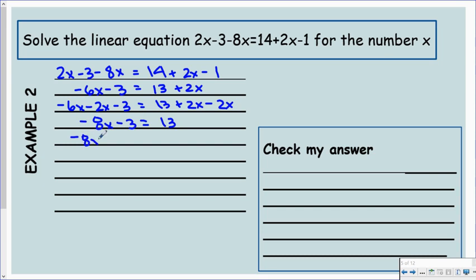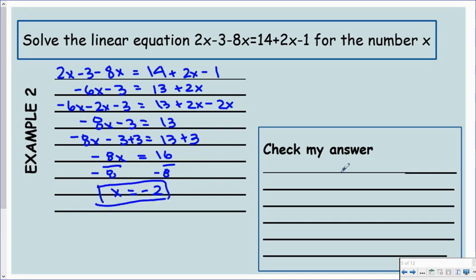So I have negative 8x minus 3 plus 3, and then 13 plus 3, leaving me with negative 8x equaling 16. Final step is to divide both sides by negative 8. And my answer would be x equaling negative 2.